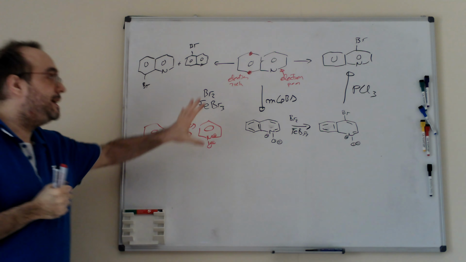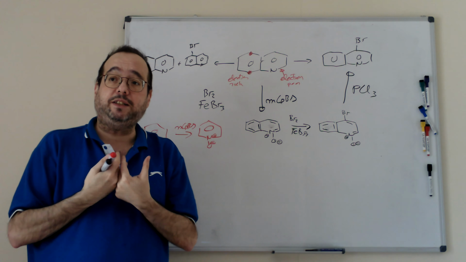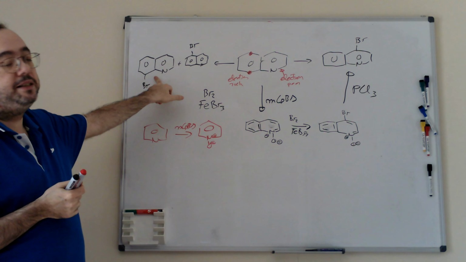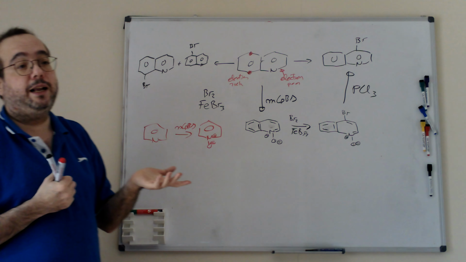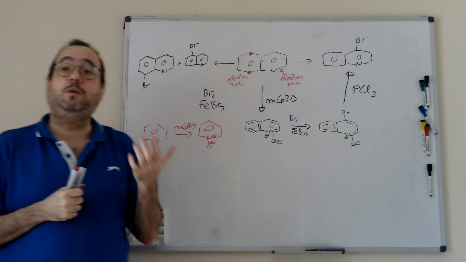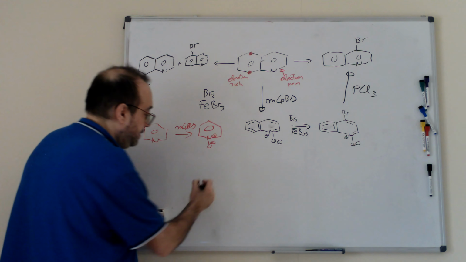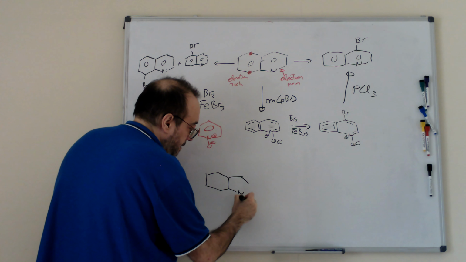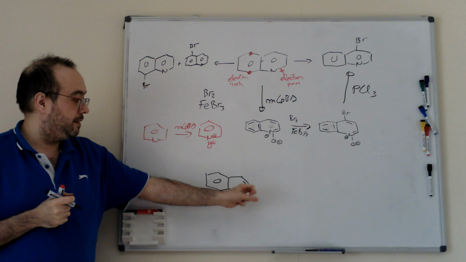What we learned in this last exercise is that when we have fused rings, pyridine plus benzene, and this also works with indoles, if we want to do electrophilic aromatic substitution, it will always happen in the electron rich ring. Remember indoles. In the case of indoles, the electron-rich ring is the pyrrole.